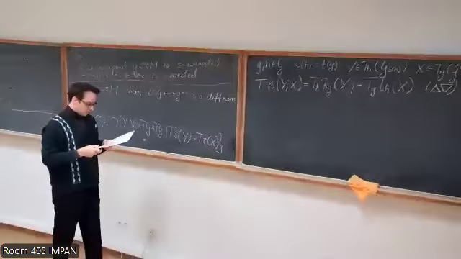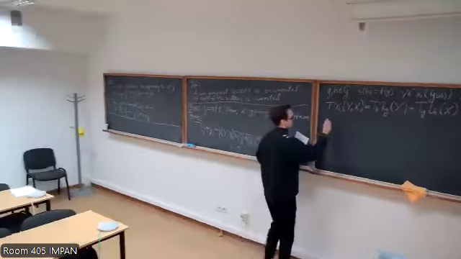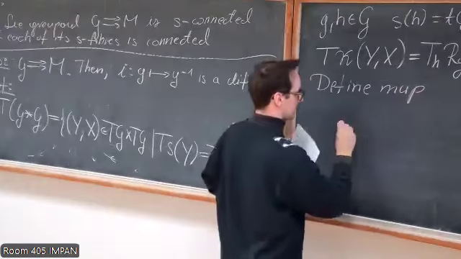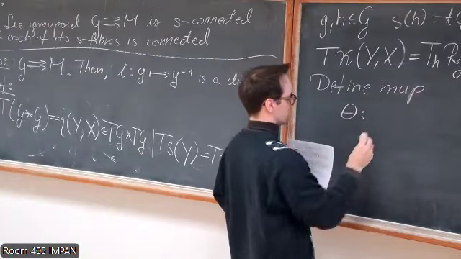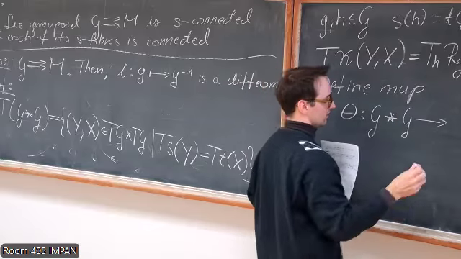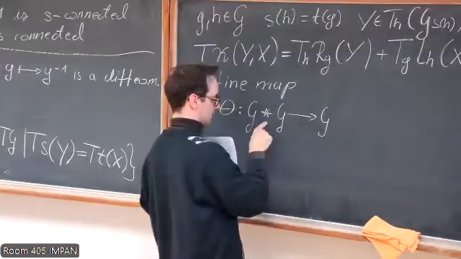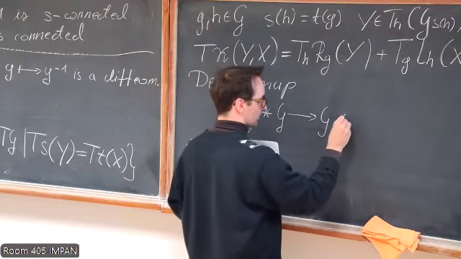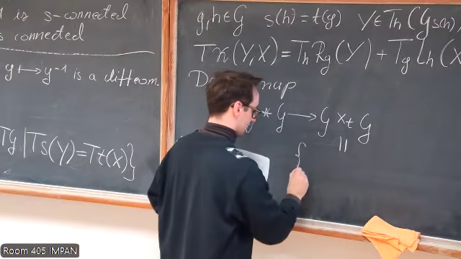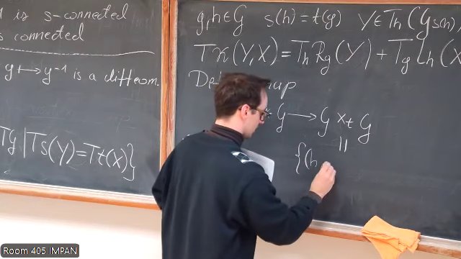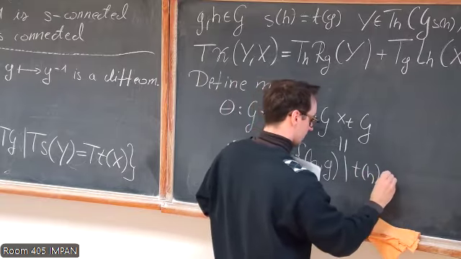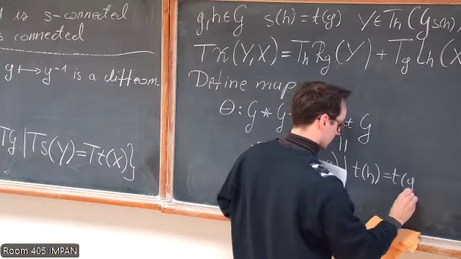Okay, so now let's define a map theta, which is from the set of composable arrows to G times G over the target, where these are pairs of arrows such that the target of h is equal to the target of g.